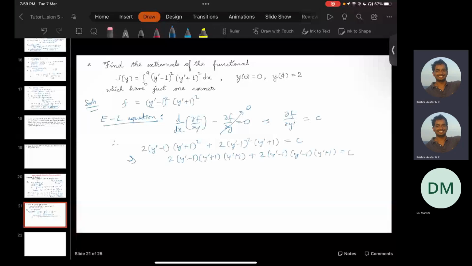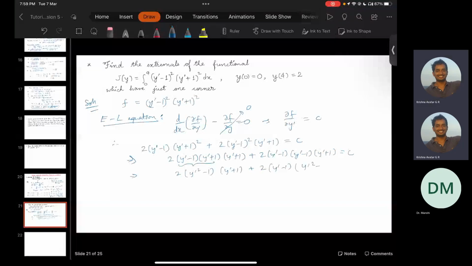This is just to let you know, this is some trick that we are trying to use. You know very well it's of the form a minus b and a plus b into a plus b. So this is 2 into y prime squared minus 1, and this is y prime plus 1, and this is again 2 into y prime minus 1, and then y prime squared minus 1 is equal to constant.